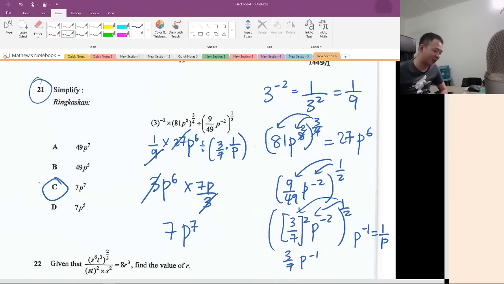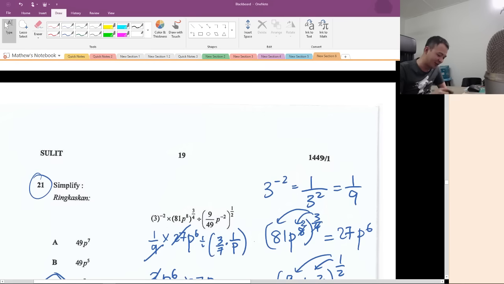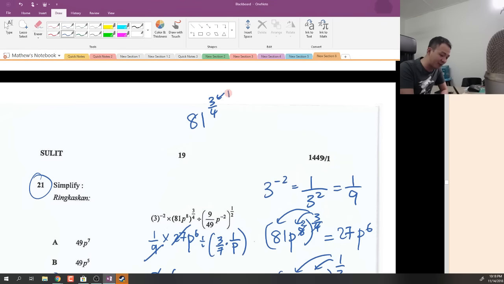How do you get 27? Okay, so if 81 power of 3 over 4, right, you should at least understand the top means power. The bottom means root. So therefore I will take the fourth root of 81. Fourth root of 81 I will get 3.